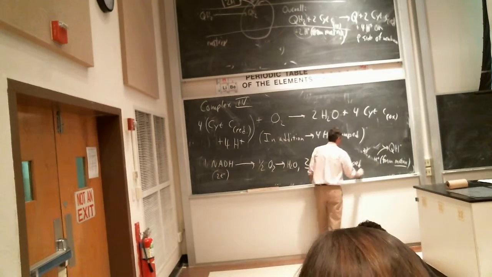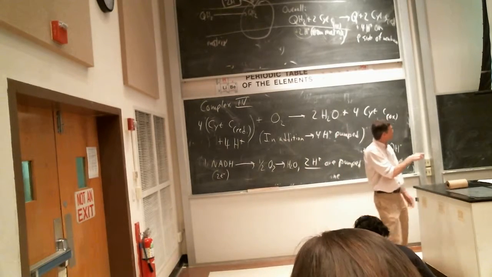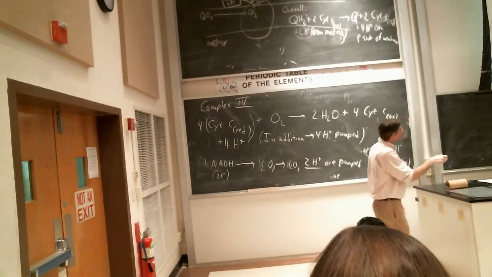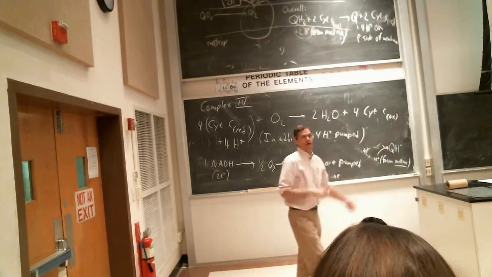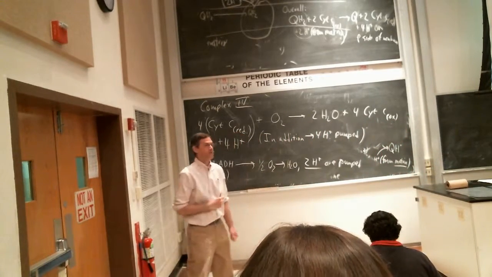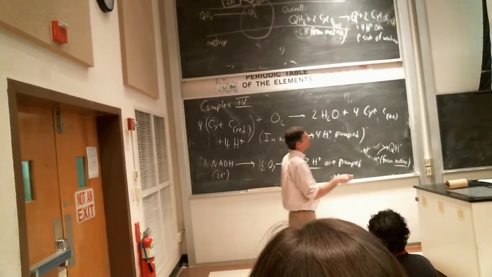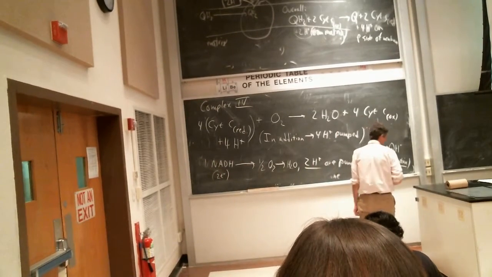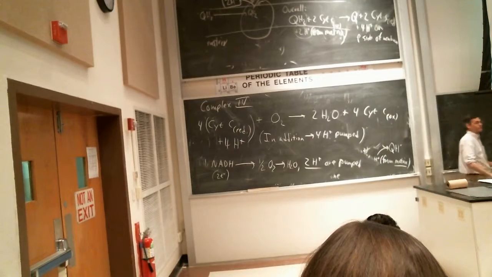So that's the stoichiometry. This figure is showing for 1 mole of NADH everything that happens. Right? So you get 2 protons pumped per mole of NADH at complex 4. So note that it's 10 protons pumped for 1 mole of NADH overall. So we'll come back to that. That's all I have to say about complex 4.